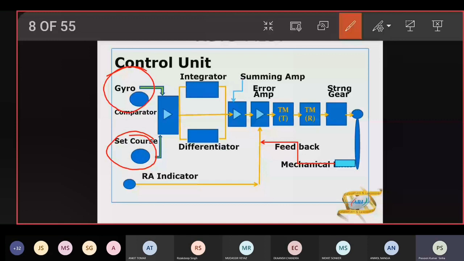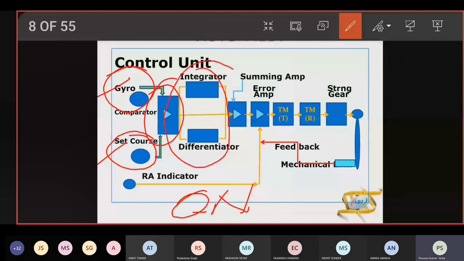When the autopilot system is on, there is immediate comparison between the two in the comparator. दोनों के बीच में comparison होता है. There is some more smart thinking inside the processor known as integrator and differentiator. These are methods of comparison basically. So not going into details of that.